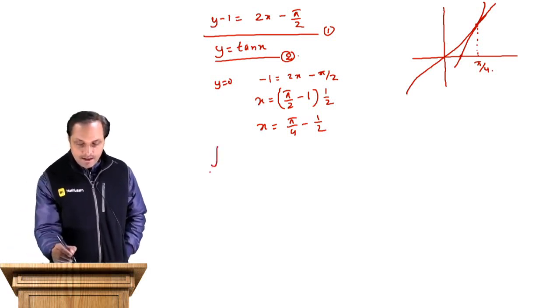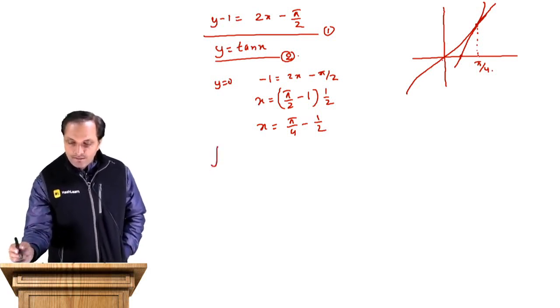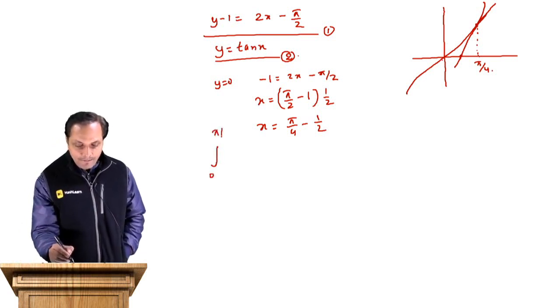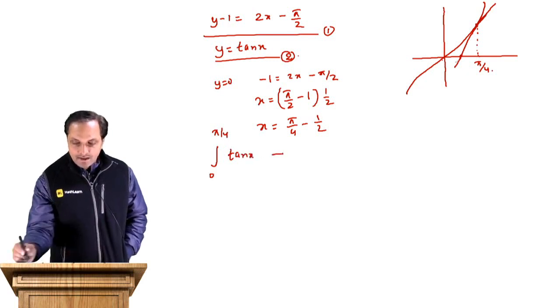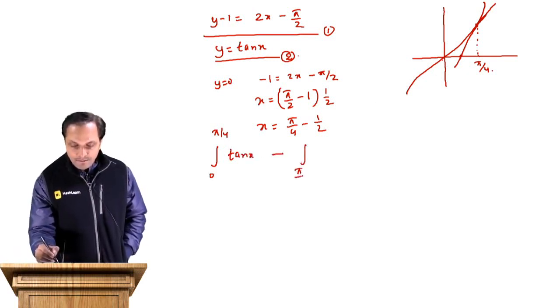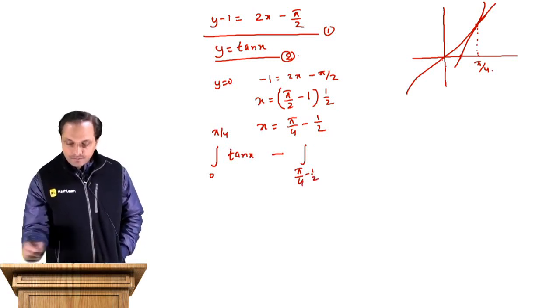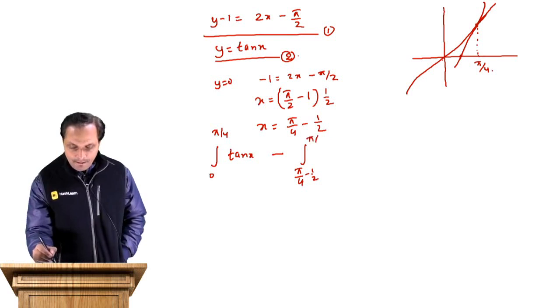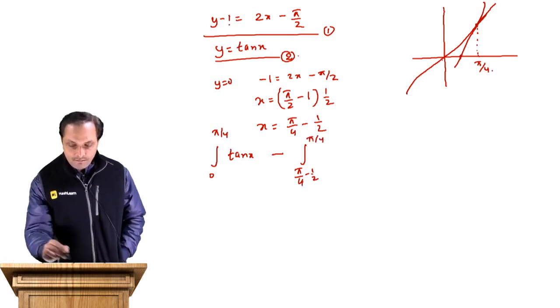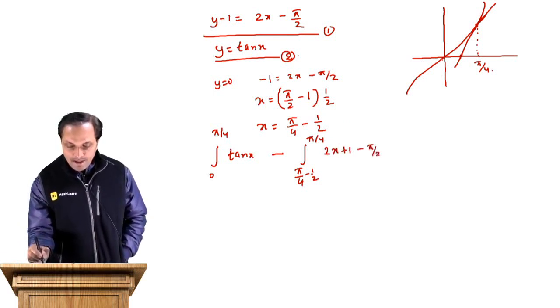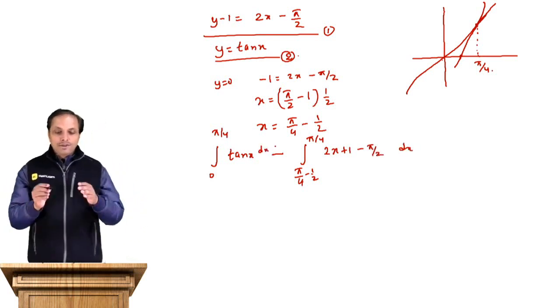So you will get from 0 to pi by 4 the curve tan x, minus, and from pi by 4 minus 1 by 2 up to pi by 4 the line, whose value y, if you shift, will be 2x plus 1 minus pi by 2, dx.